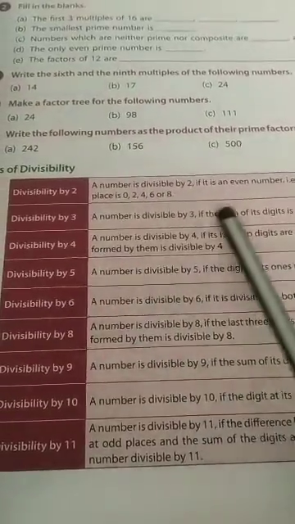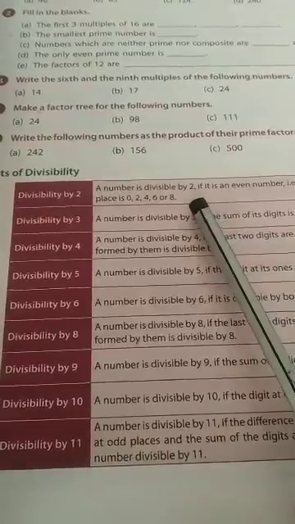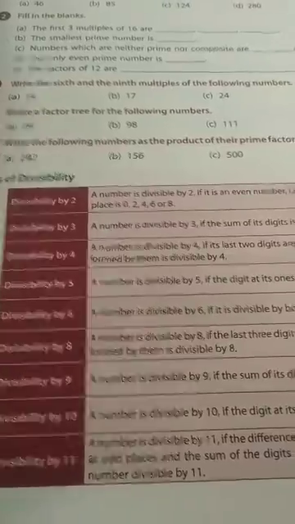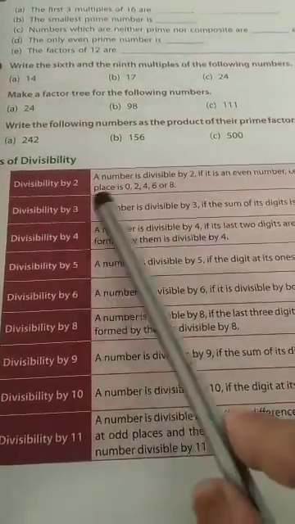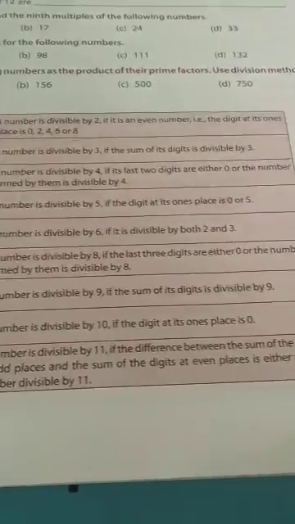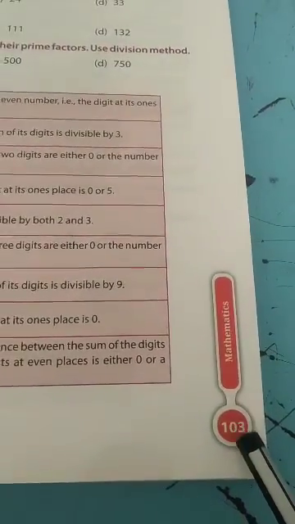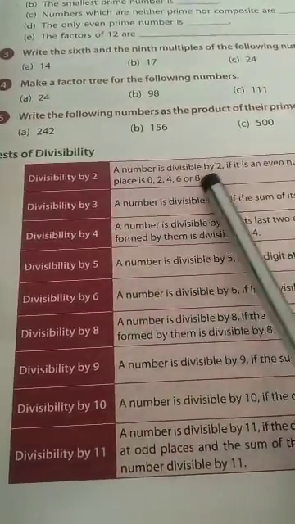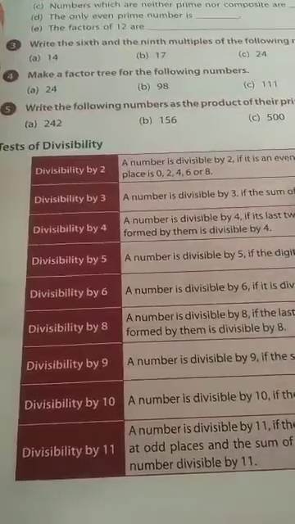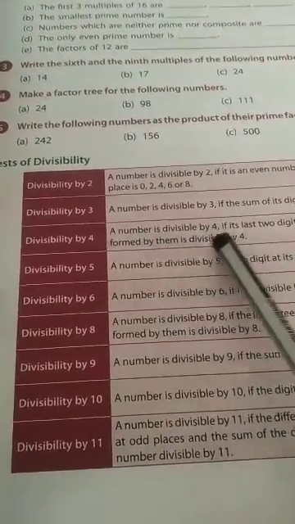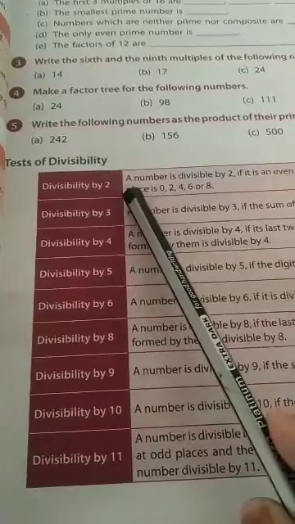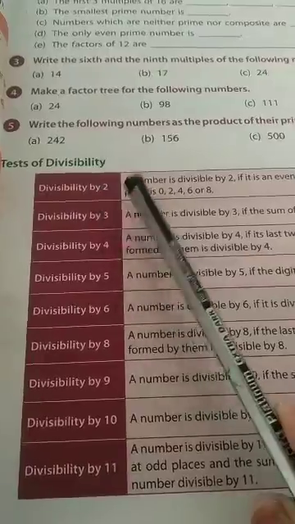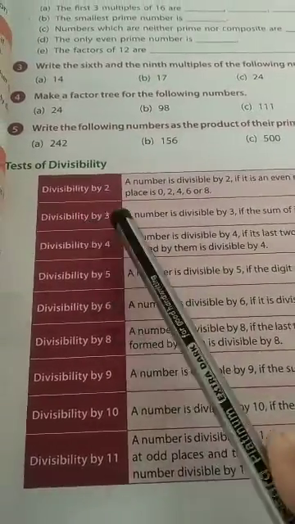A number will be given. You have to check whether that number is divisible by 2 or 3. While doing exercise problems, you will come to know. But learn this by heart. In the reader, page number 103, it is given. Sit in your house and learn these rules by heart now, so that while solving problems you can easily understand. Divisibility by 2: some number will be given, and you have to check whether it is divisible by 2 or not.